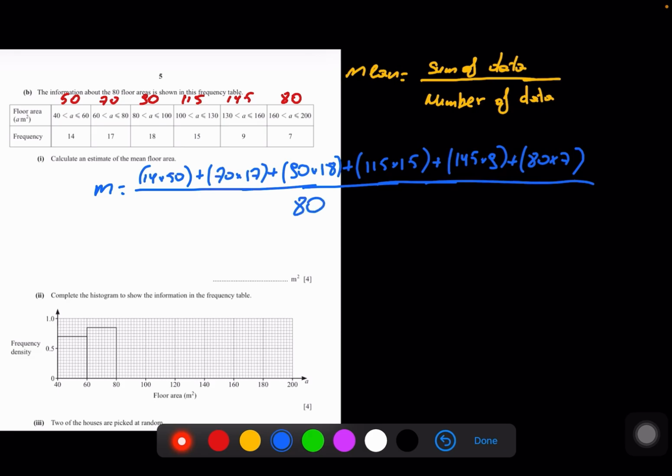It is given. And if we calculate, we will find 97.5.